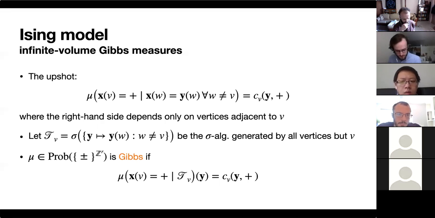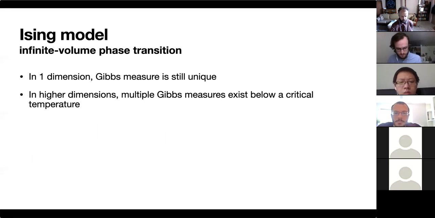Okay, so this is a very standard way of defining infinite volume Gibbs measures, at least in this particular setting. There's a much more general thing where you have to deal with marginals on finite sets instead of individual vertices. But in our setting, this is perfectly fine. So this sort of solves our problem to some extent.